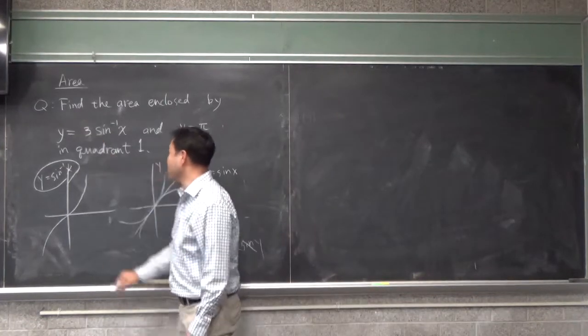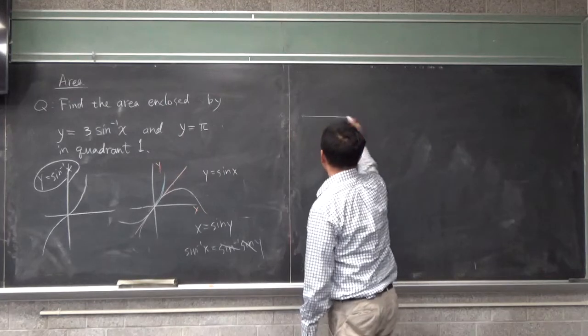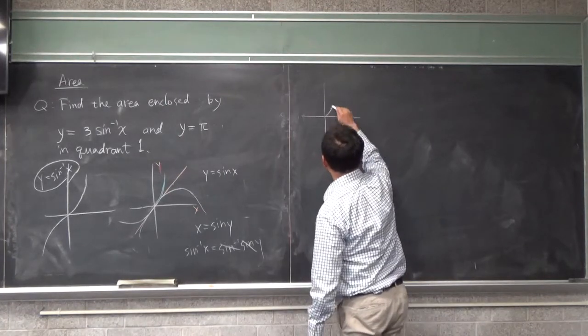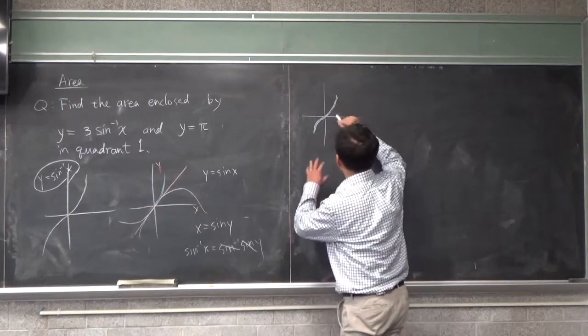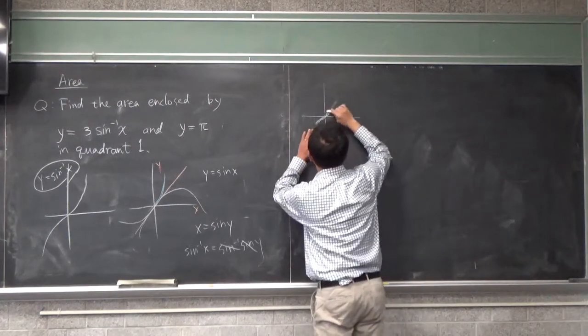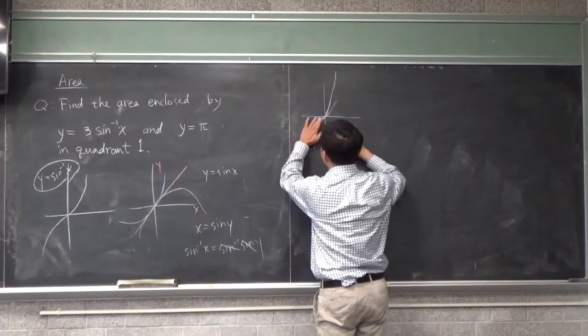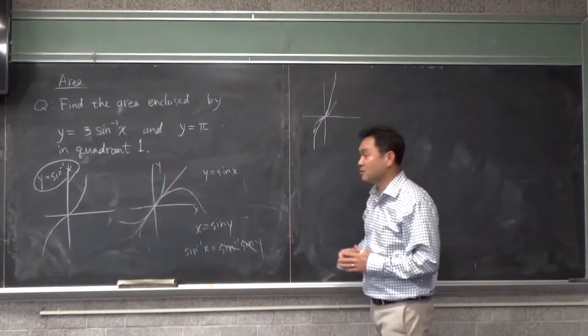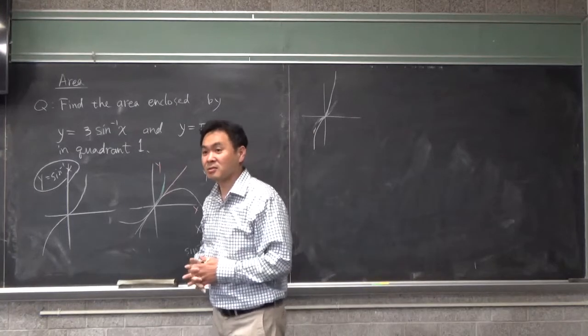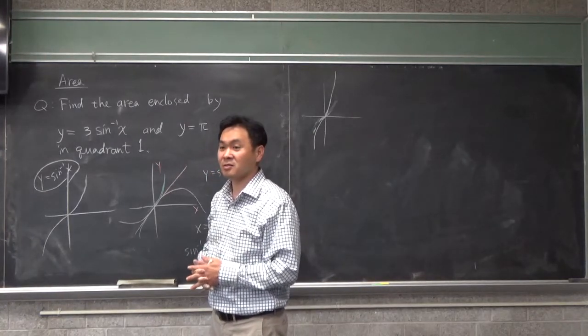If the original graph was something like this, then it stretches so that now it reaches like that.